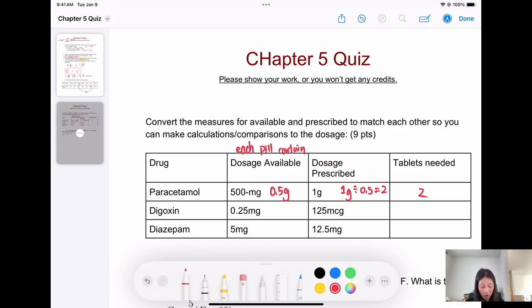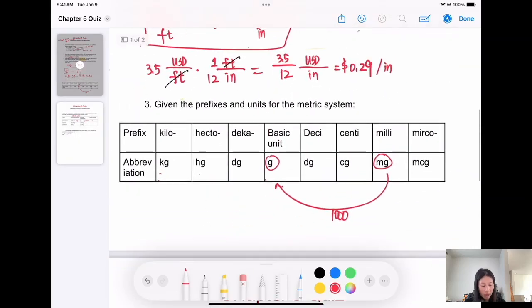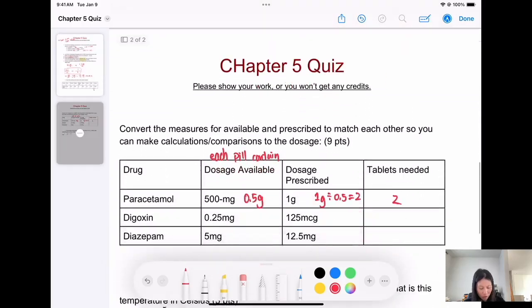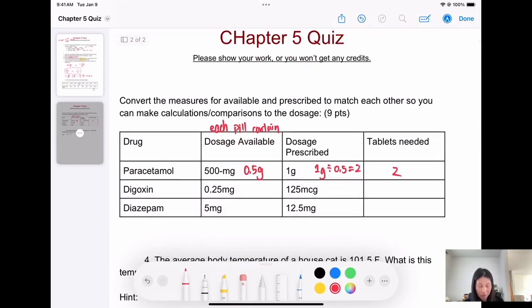Now, second one, milligram to microgram. From milligram to microgram, the difference is 10 times, right? So when you convert a bigger unit to a smaller unit, you need to multiply. So I multiply by 10, I got 2.5 micrograms.